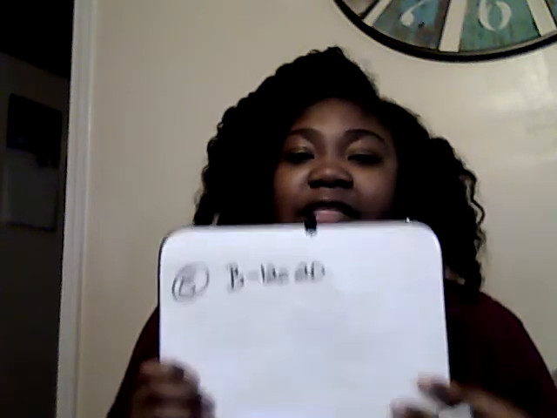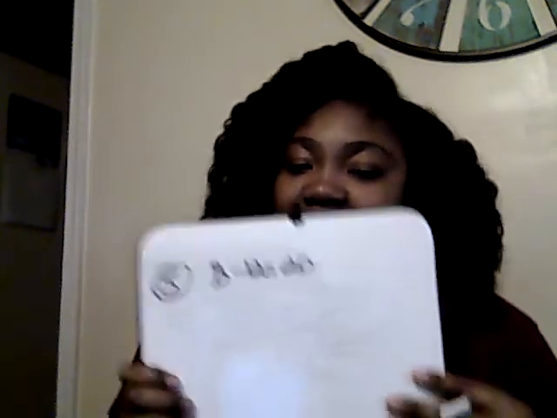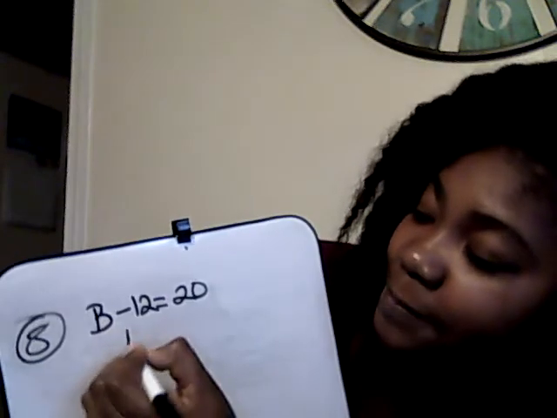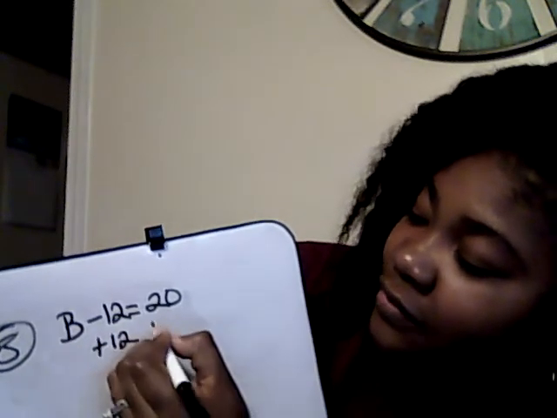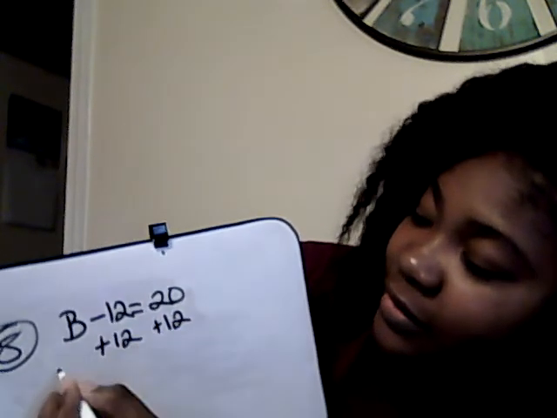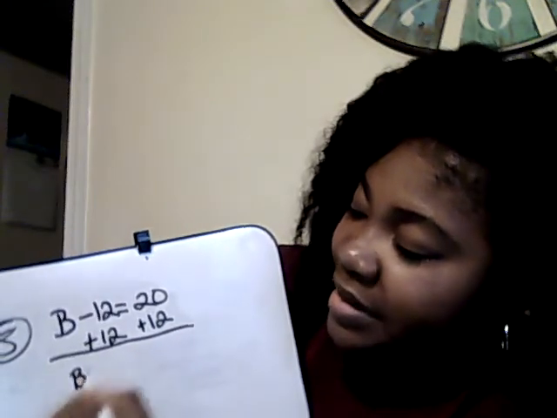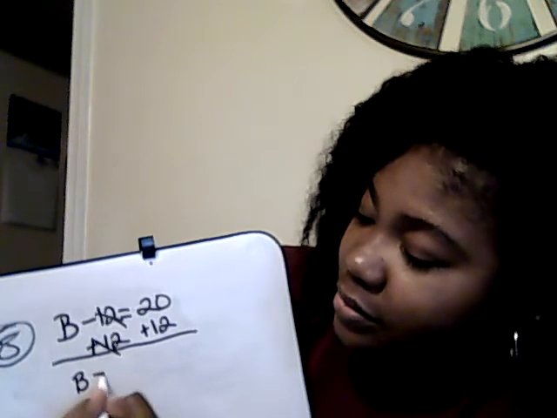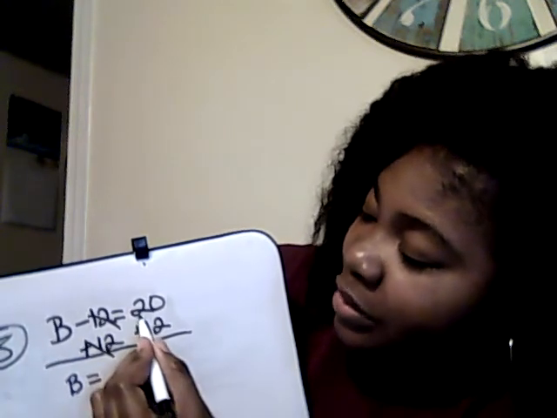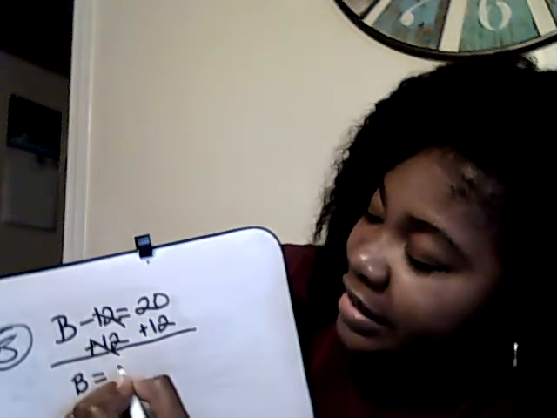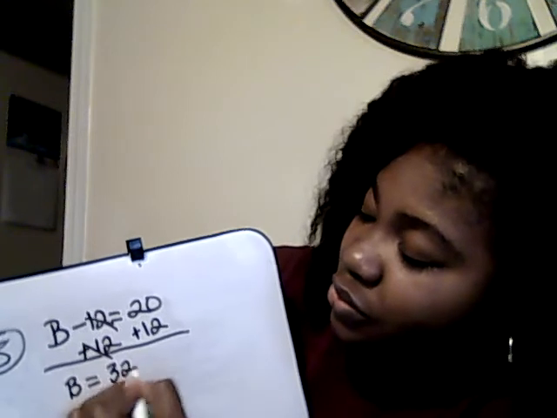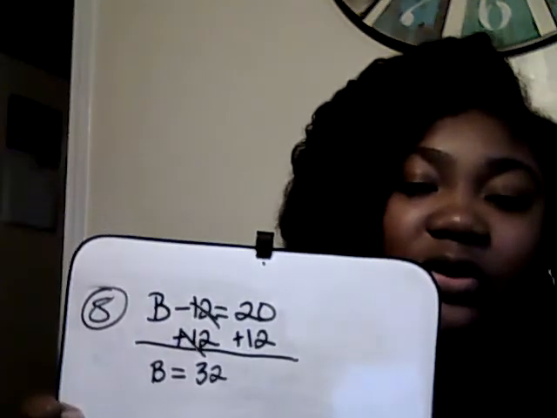Correct. Add 12 and take it to the other side. You guys are awesome. So we're going to say 12 on this side and 12 on this side. Bring my B down, cancel that out. And then 12 plus 20 is 32. So B is equal to 32.